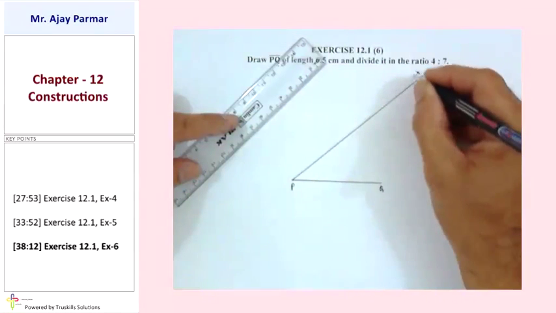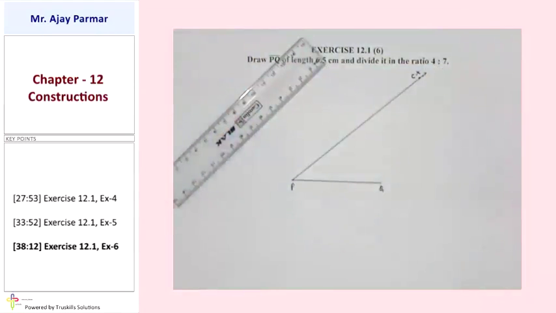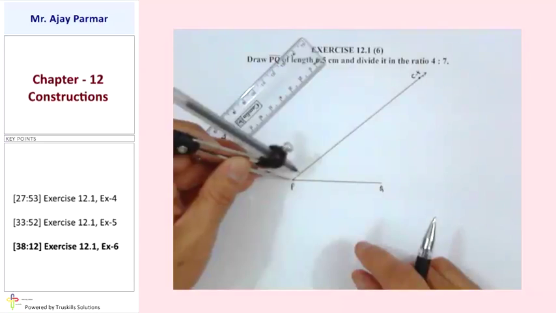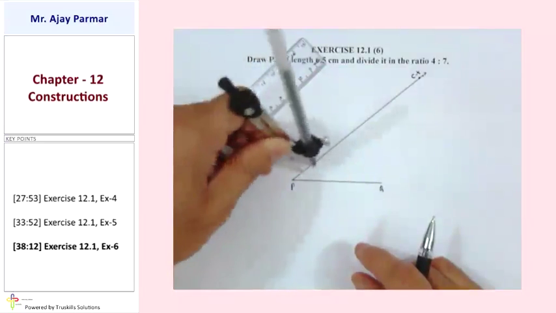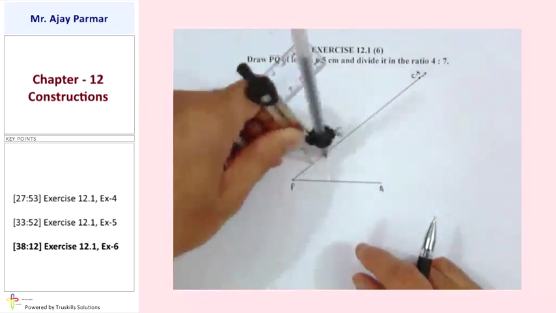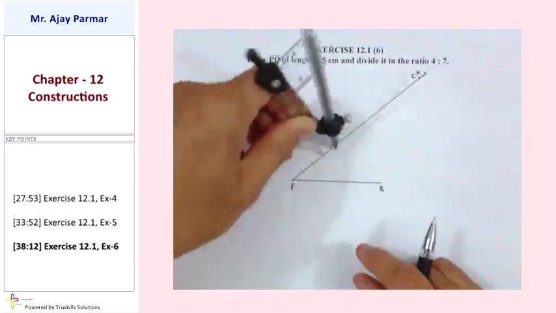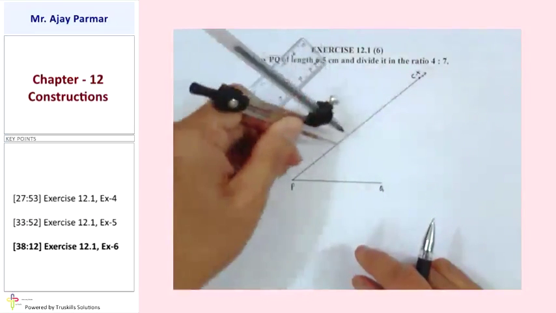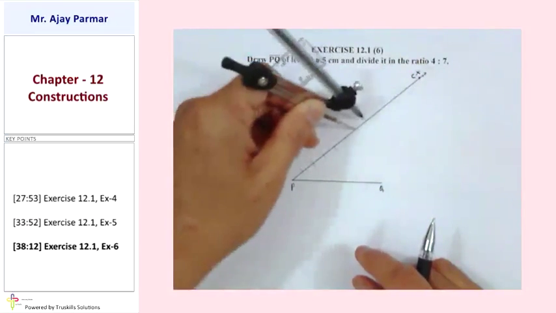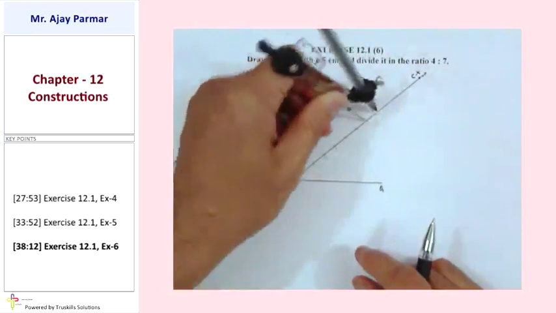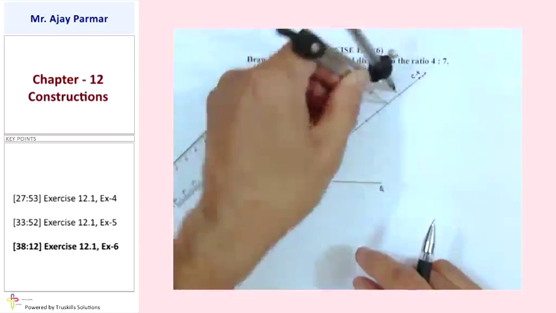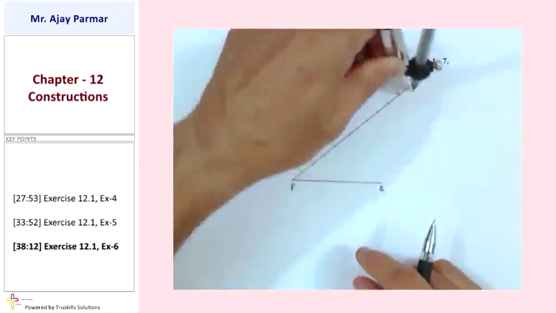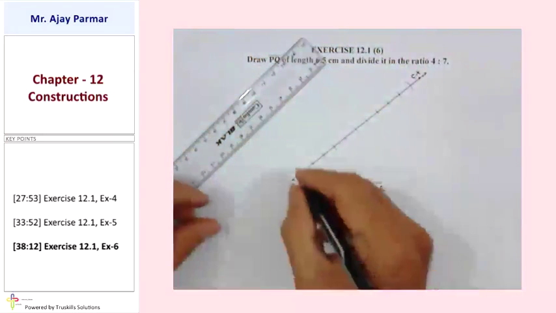Taking any point C on that, arbitrary, how many divisions should I divide this into? 4 plus 7, that is 11. Don't take a very big radius. 1, 2, 3, 4, 5, 6, 7, 8, 9, 10, and at last 11.